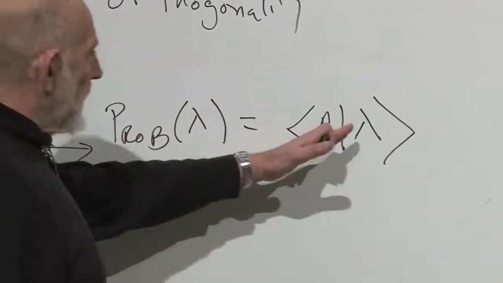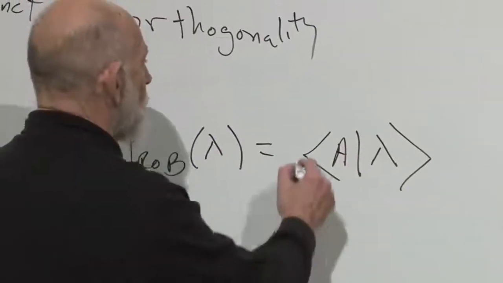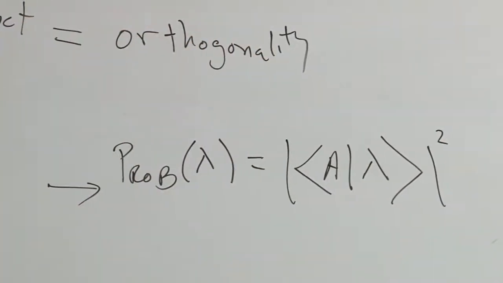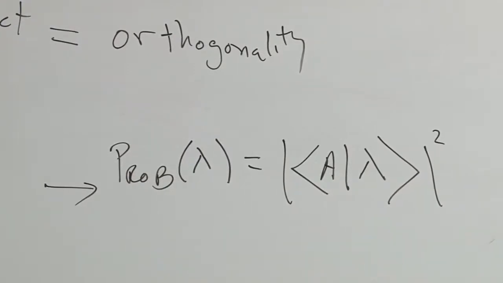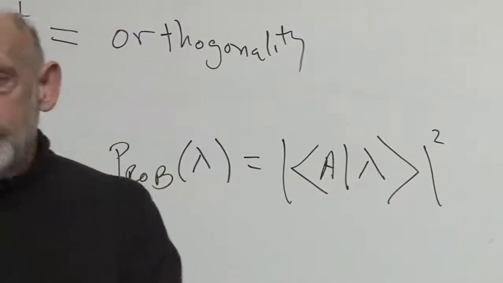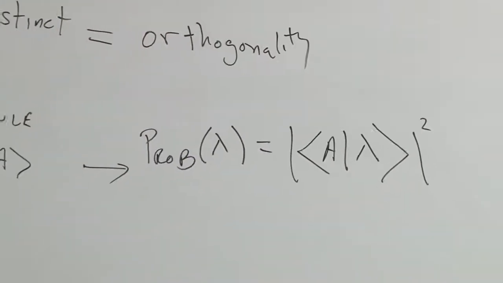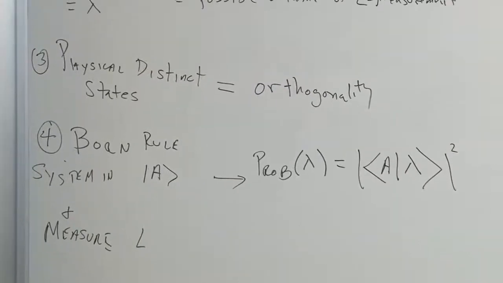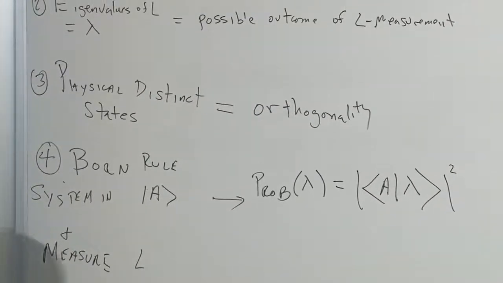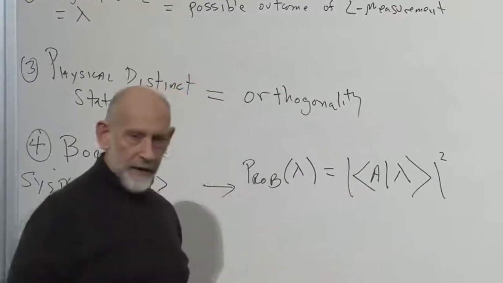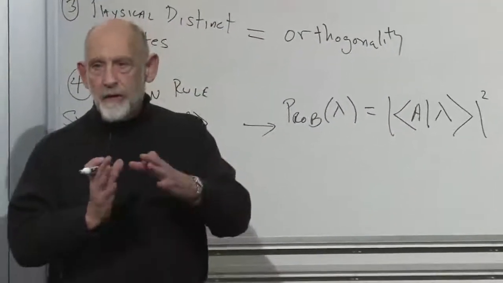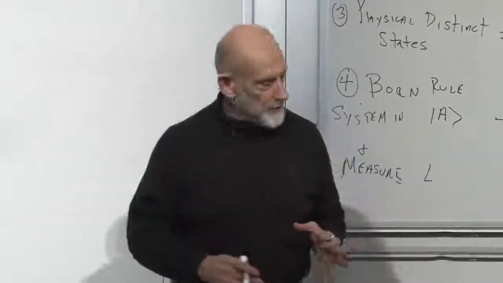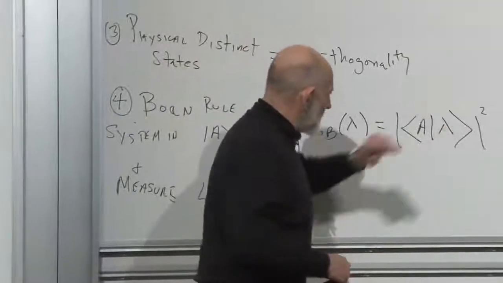The inner product of A with lambda, squared. The inner product is sometimes called the overlap. If we said that orthogonality is complete distinguishability, unique and complete distinguishability, then a lack of orthogonality represents to some extent the inability to make the clear distinction between two states. Yeah, all right, so this is, yeah, question.